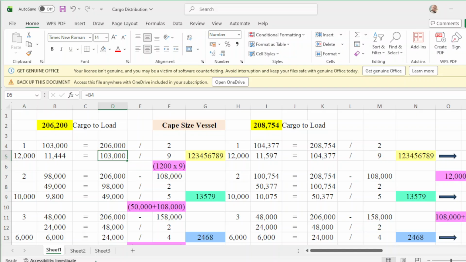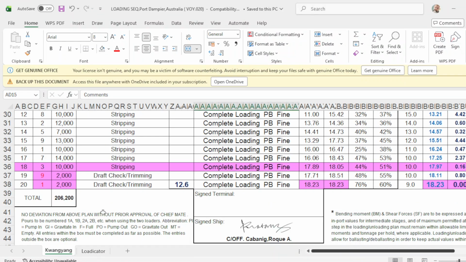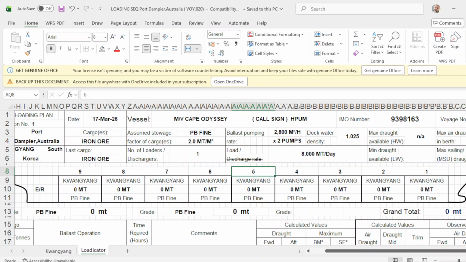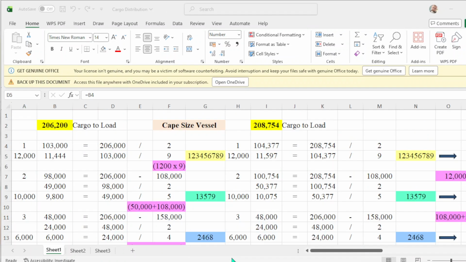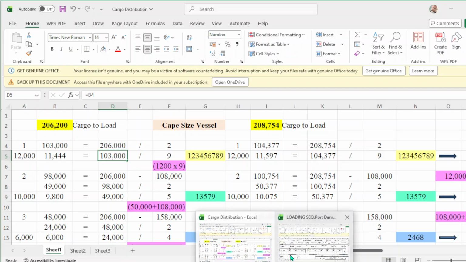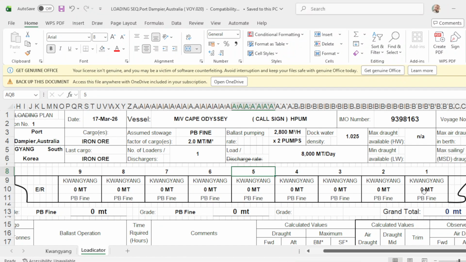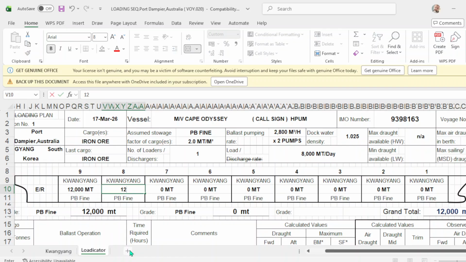So I go to the sequence. It says we load 12,000 for each hold. So we start with number 9, 12,000. 12,000 here, 12,000 here, 12,000 here, and 12,000 here.